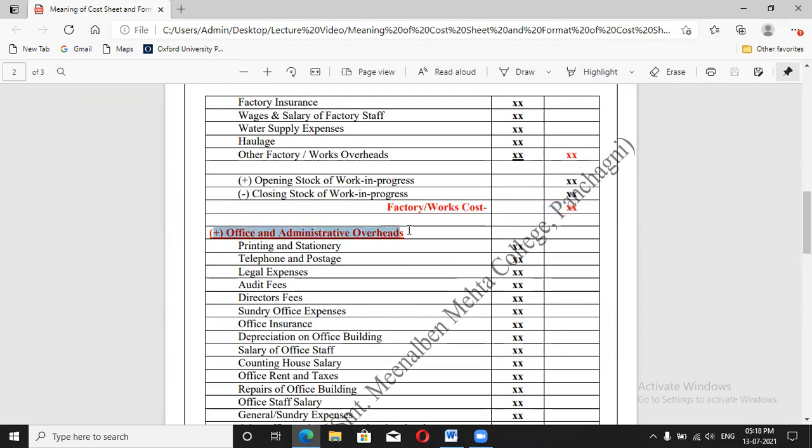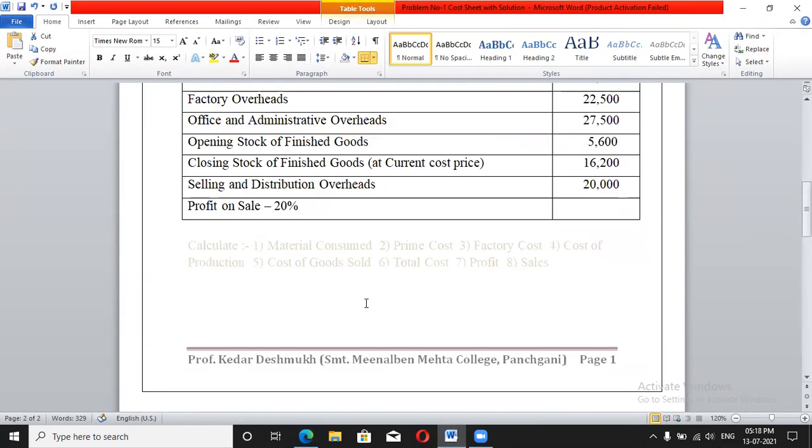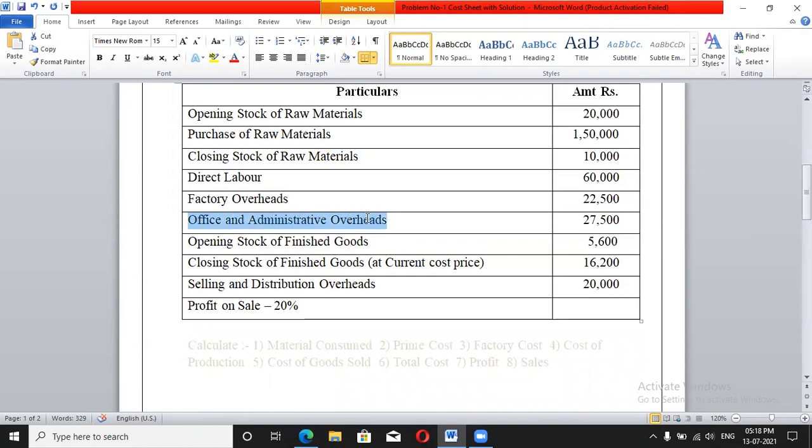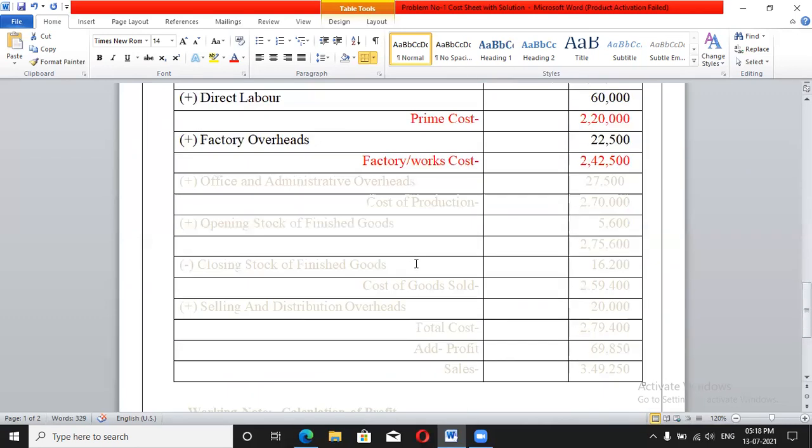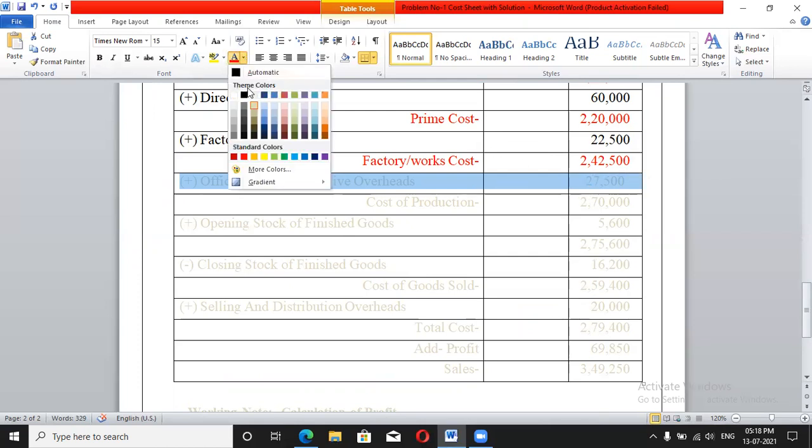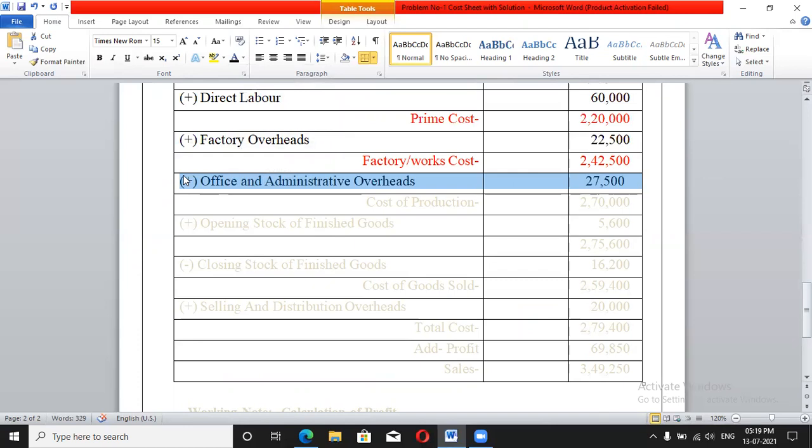The next format is that after knowing the factory or works cost, we add the amount of office and administrative overhead. Let's see what is given in the example. Here office and administrative overhead is given, rupees 27,500. So it is an expense. As I already said, all such expenses we add in our cost sheet, and any income should be subtracted.